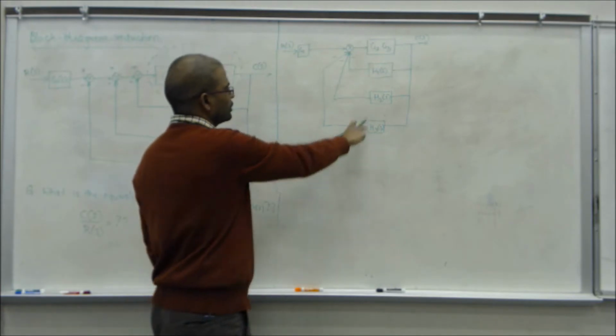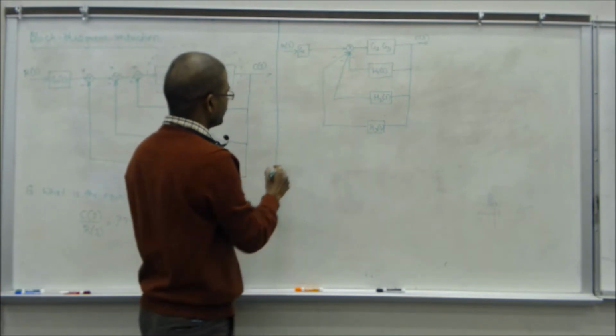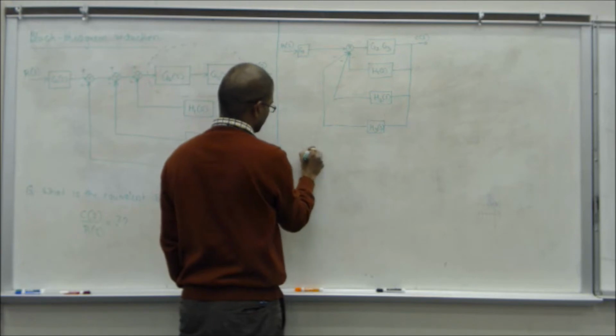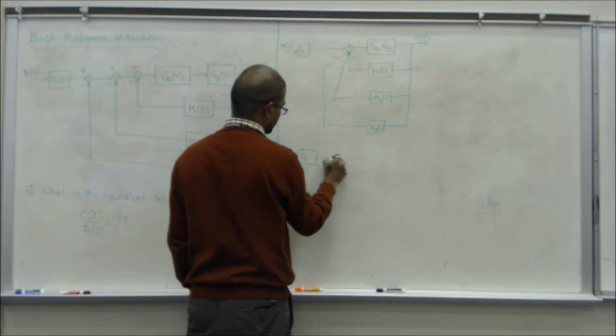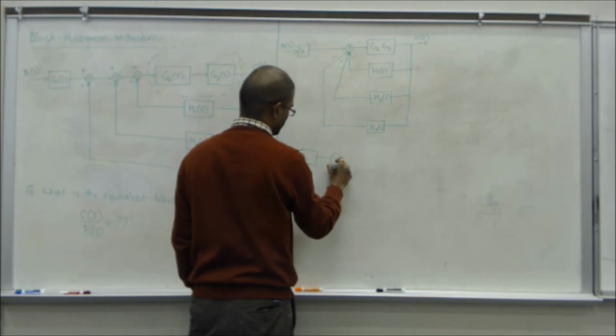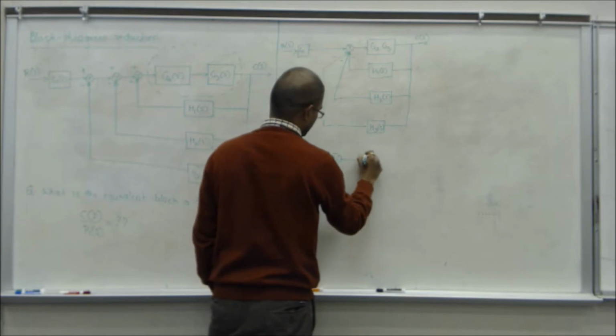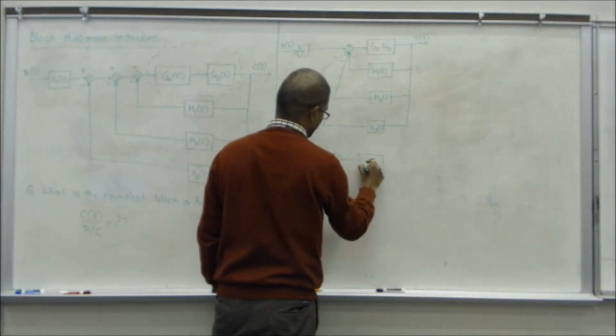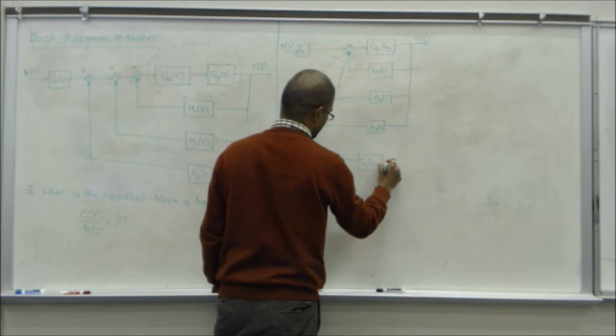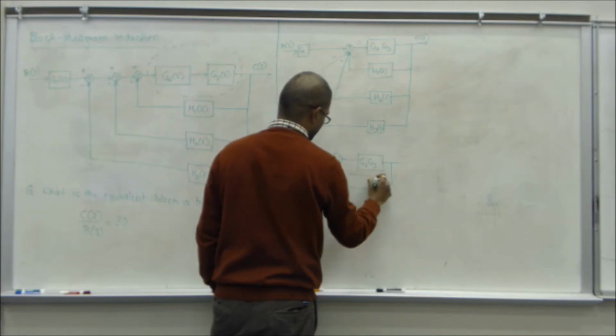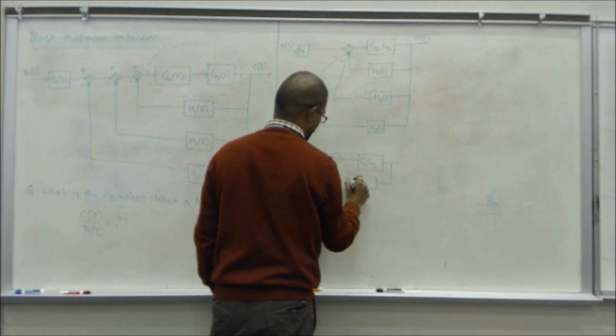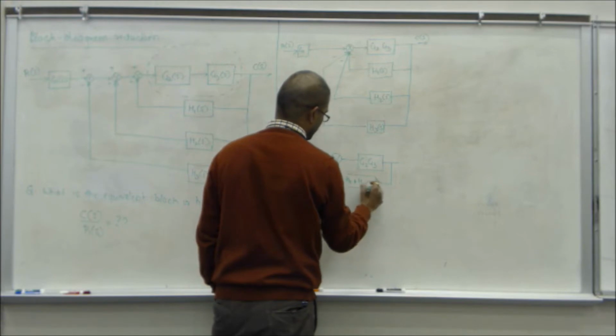And this, you can say G1, you have a summation block and another summation block, G2, G3, and then now you can have here H1 plus H2 plus H3, right?